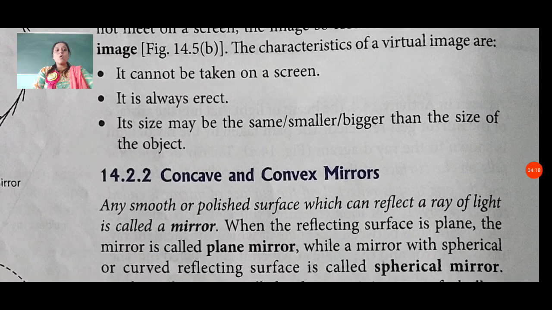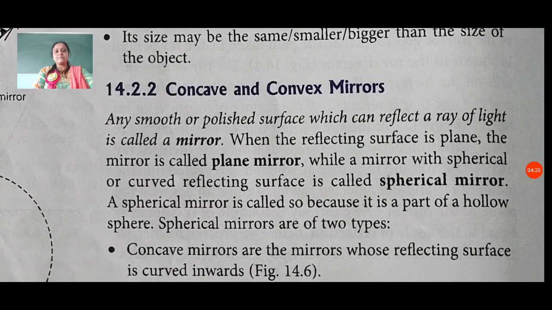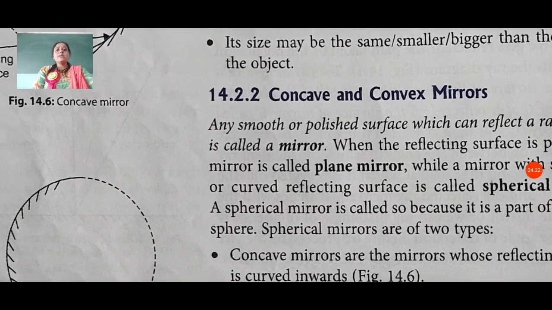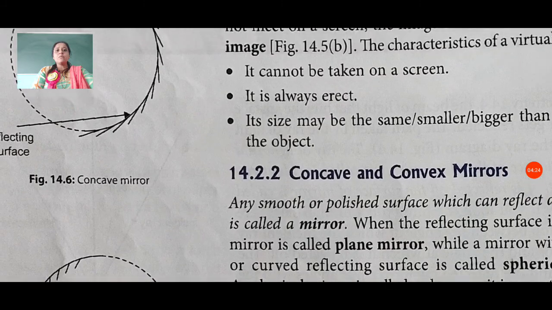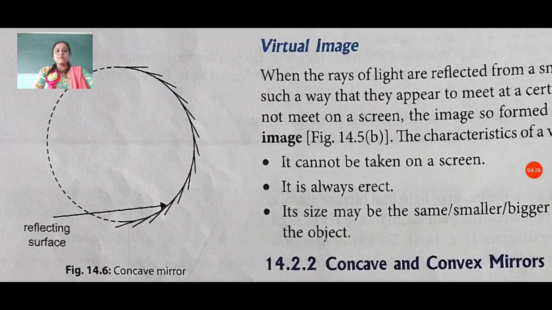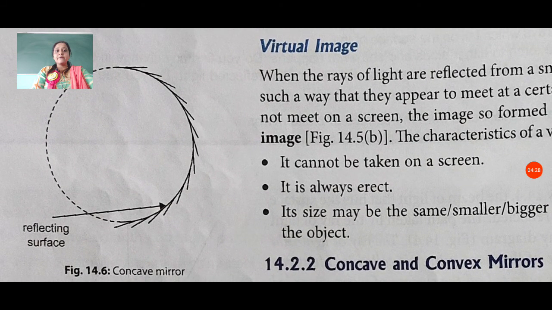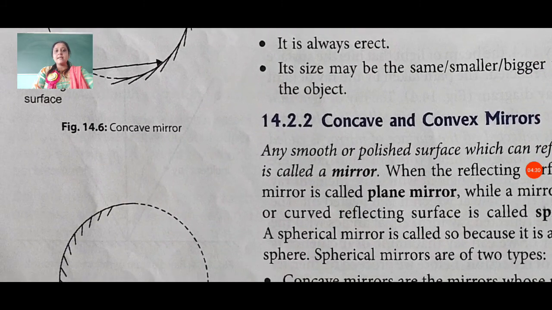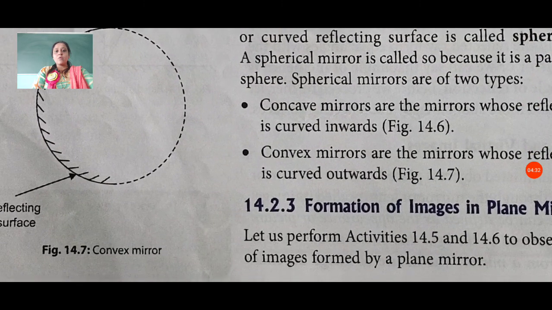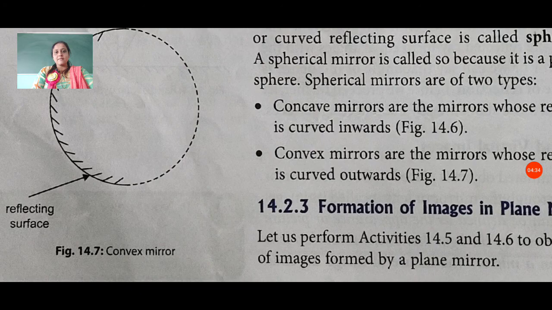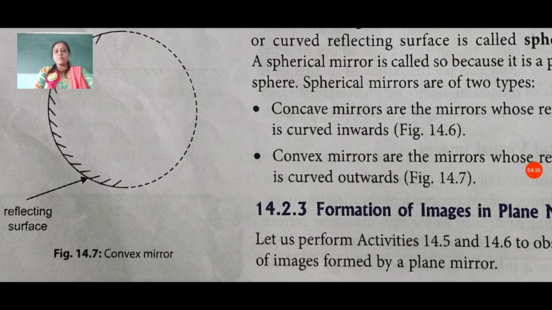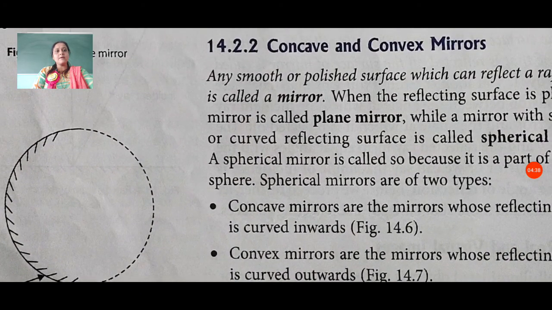14.2.2 Concave and convex mirrors. You can see the concave mirror figure here with the reflecting surface, and then we also have the convex mirror. Both pictures are available here.